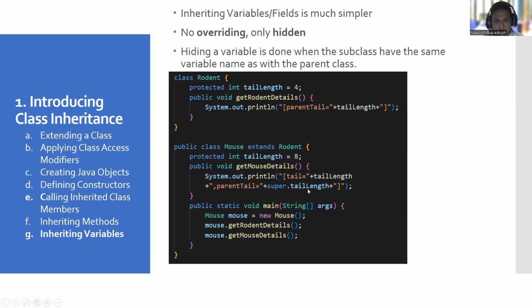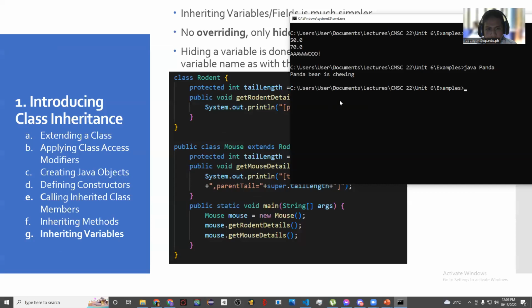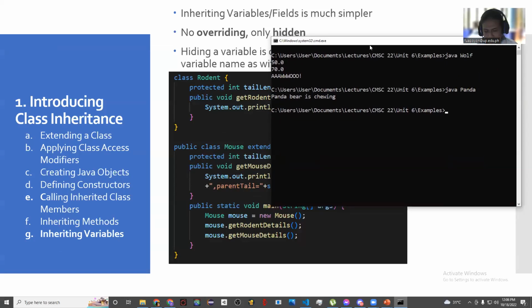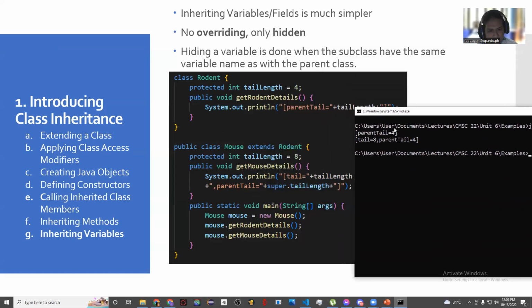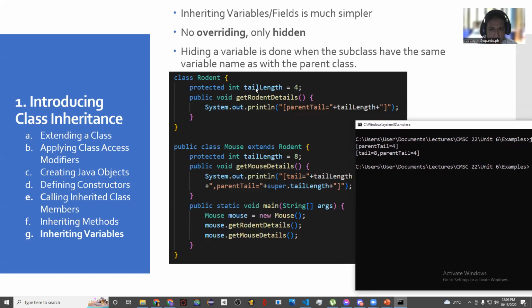So when we try to execute, java Mouse, first it prints the parent tail because of getRodentDetails. So it prints parent tail equals 4 because it refers to the parent's variable.